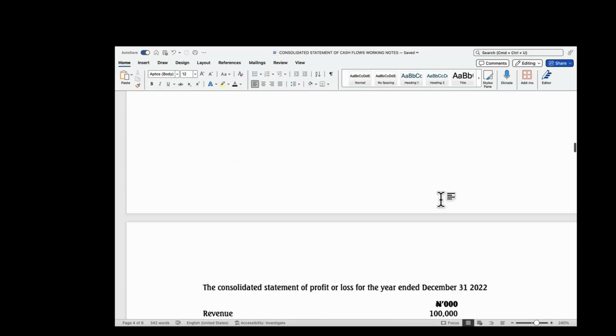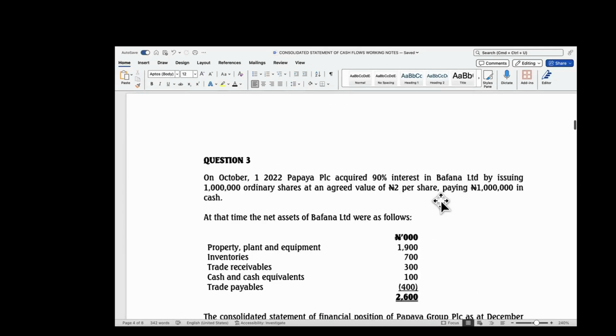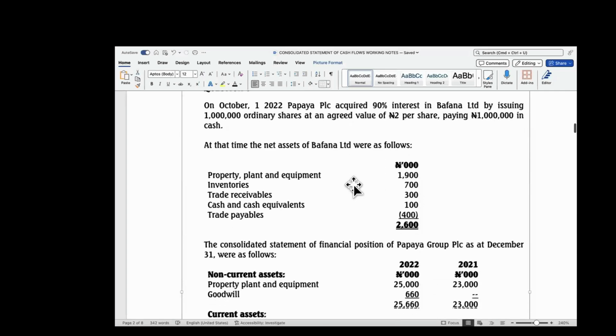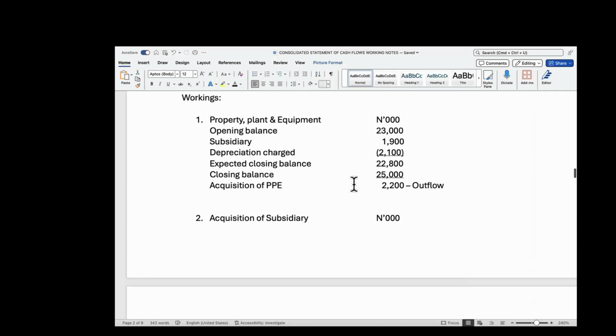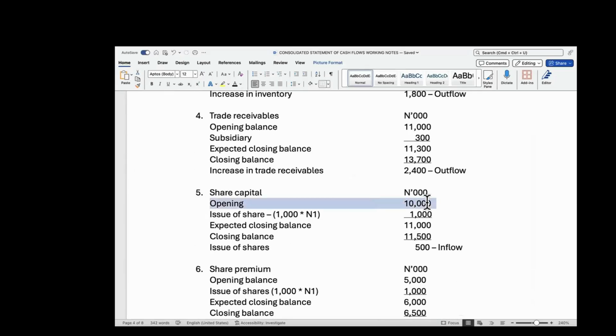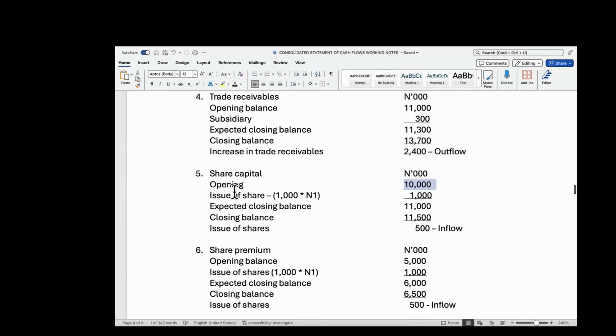Okay. You know that they told us we issued shares to this subsidiary. We issued 1 million shares at 2 naira each. So at 2 naira, that's the breakdown we did. For share capital, when we're examining the movements, the opening consolidated was 10,000.